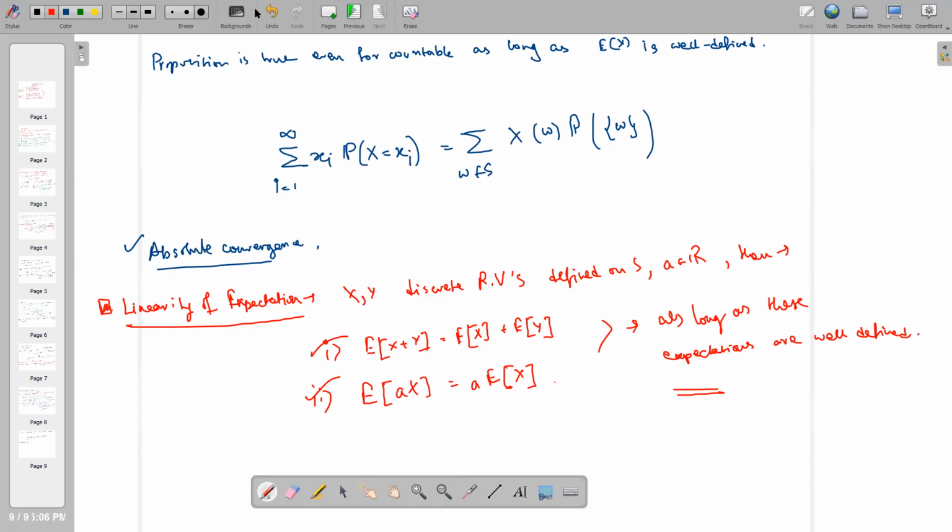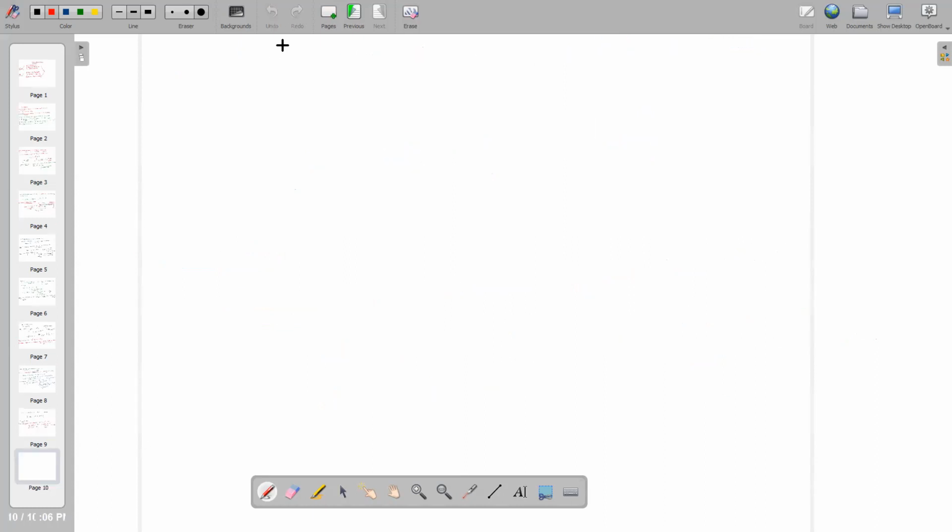So let's think about how we can prove this. I'll just give a hint. Think about how you can proceed, then I'll start off with the proof.